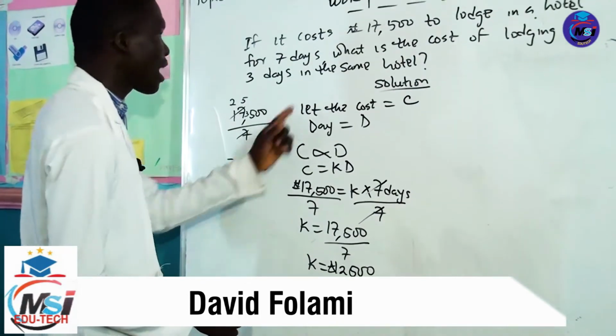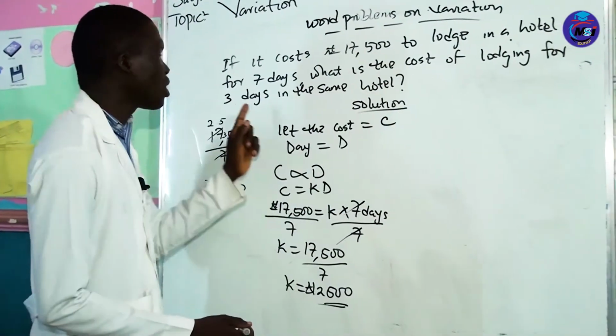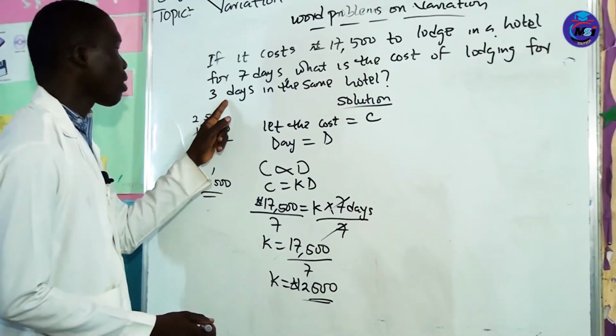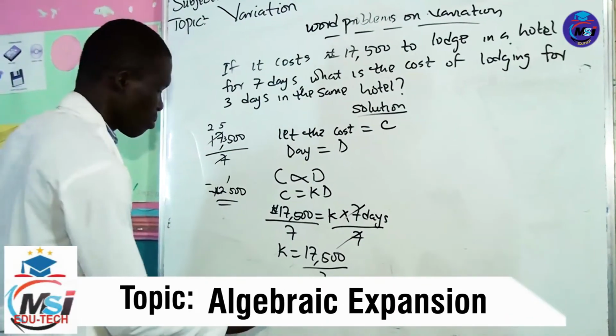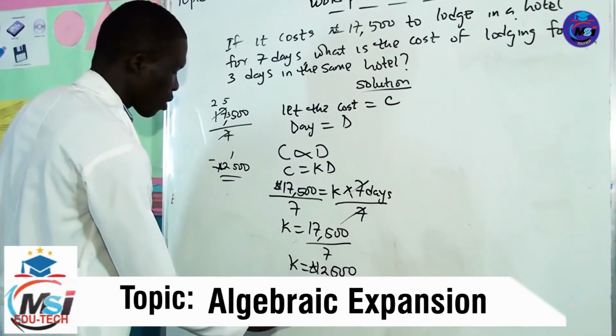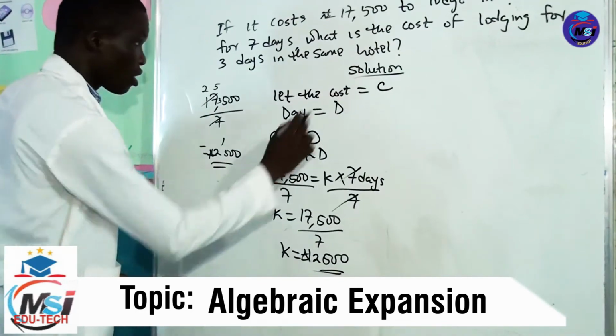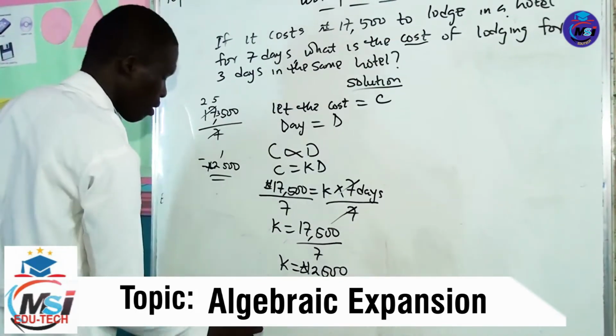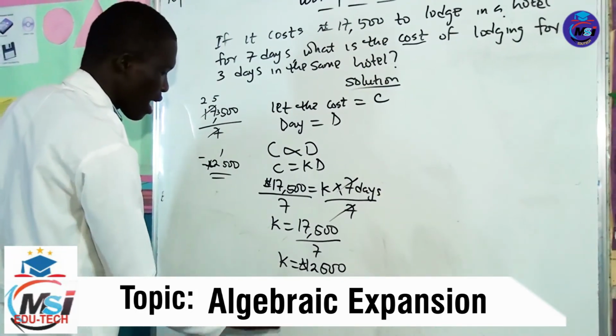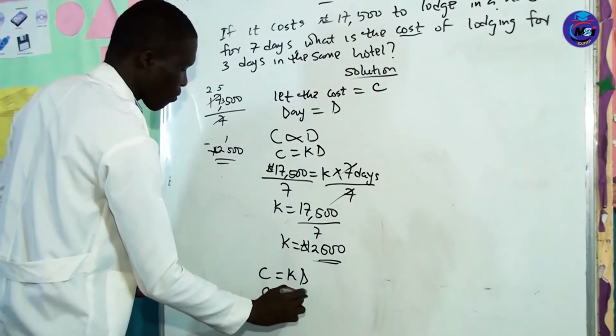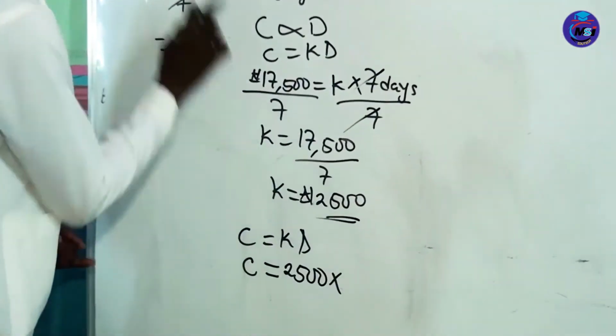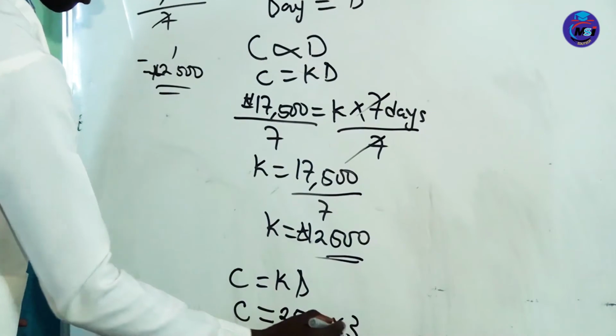So we have to find the cost of lodging for 3 days. So what are we going to do? C equals KD. C is the cost we are looking for. K is 2,500 naira. And days is what? 3.